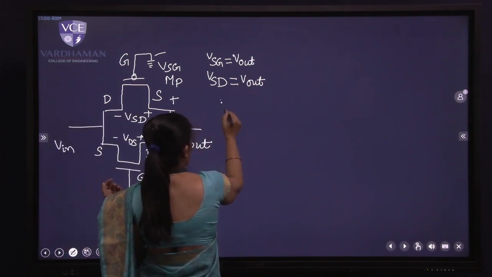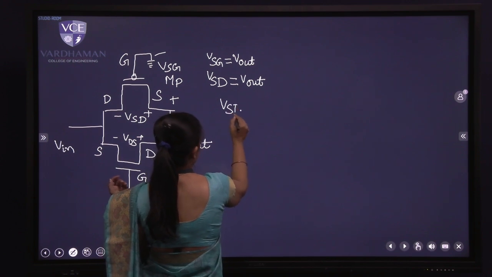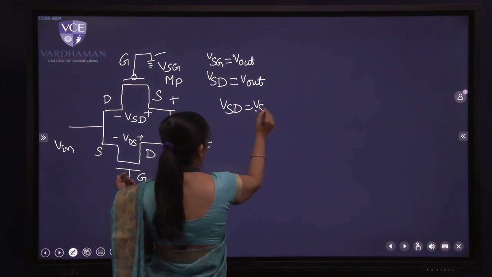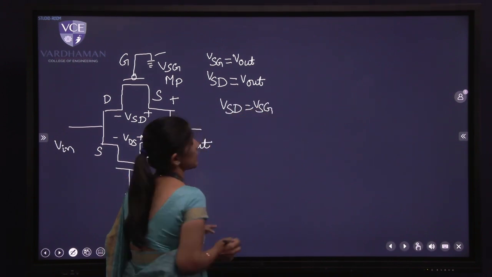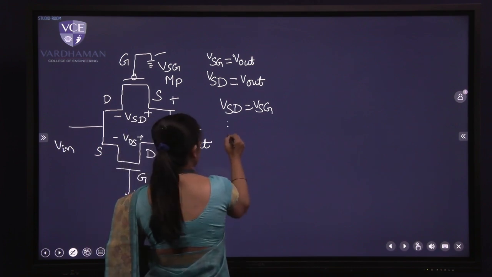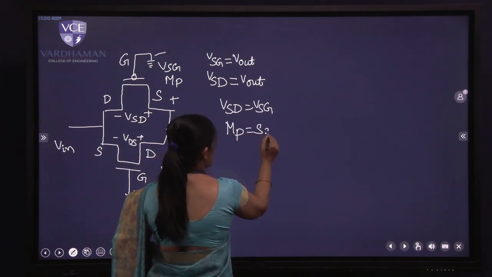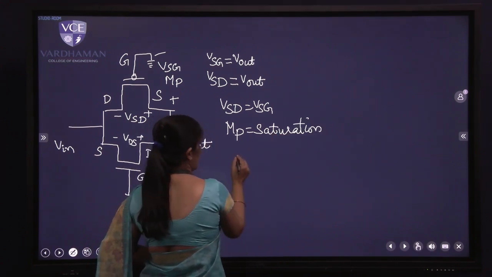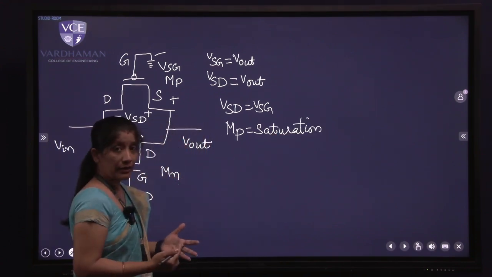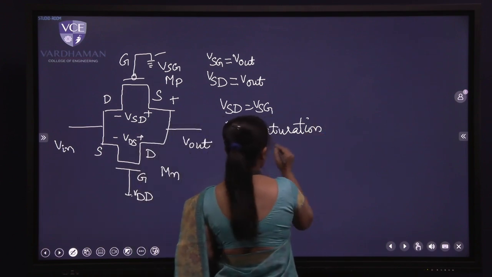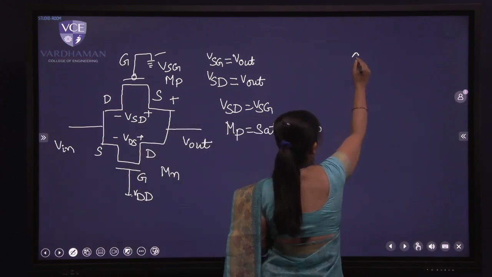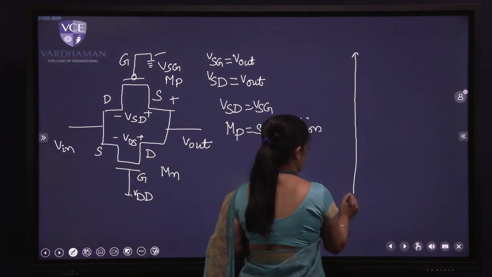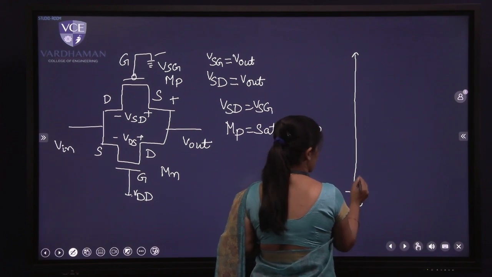So if you see, whenever VSD is equal to VSG, or if you write down the condition of saturation, I can clearly say that your PMOS transistor is in saturation region. PMOS is in saturation region. Now, till when will this continue in saturation region? So, let me mark the output voltage that we have marked previously. This is 0.